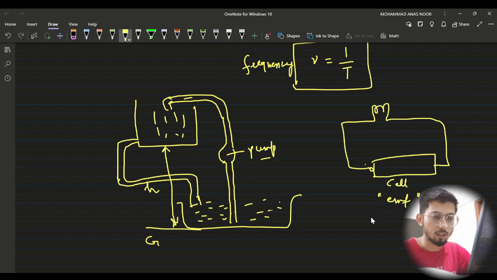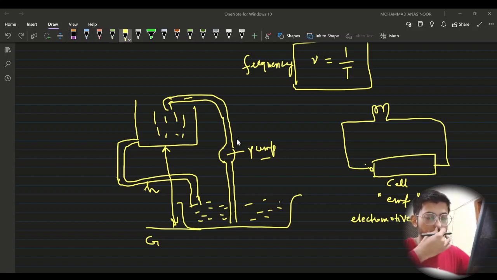EMF is electromotive force. It has some energy inside. So the same happens in a real circuit, as soon as you connect something to a battery, right? Now, for example, you see this figure 3.6.